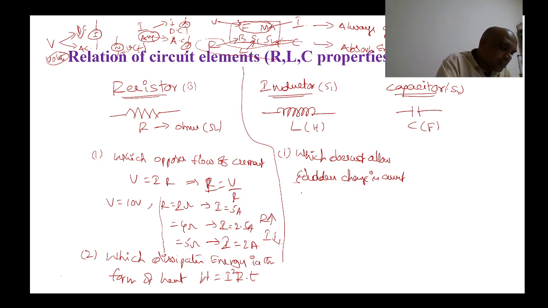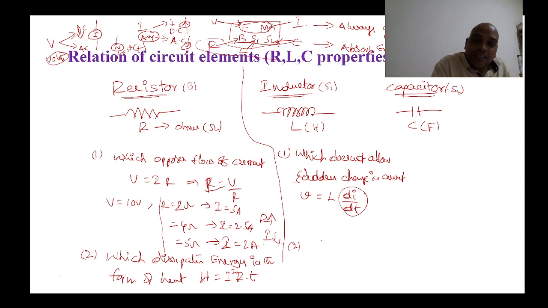V equals L into di by dt, so here current is varying with respect to time. So it does not allow sudden change in current. A resistor opposes the flow of current, but here the inductor does not allow sudden change in current.